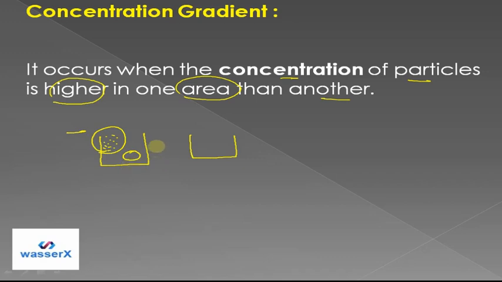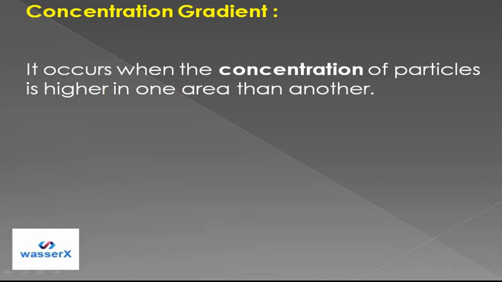After some time, all my particles will be diffused or arranged equally. This occurs due to the concentration gradient. Due to this, my molecules from the higher concentration will move to the lower concentration. So this is how a concentration gradient works.